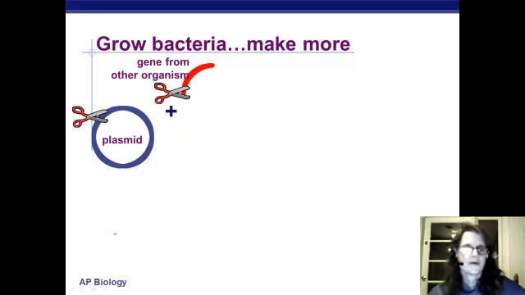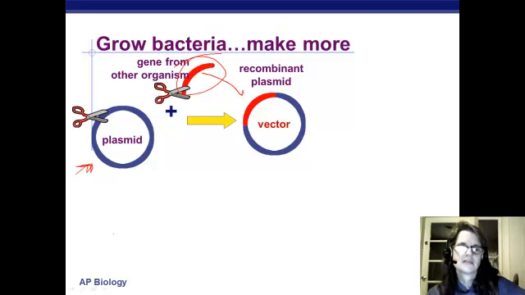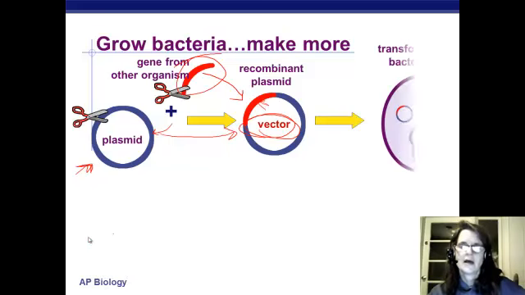I think this is just an overview of what we just talked about. So here is your bacterial plasmid. Remember, these are always our vectors. We use our restriction enzymes to cut it open. We cut the gene from the other organism, perhaps human insulin, perhaps glow-in-the-dark from a jellyfish. We stick this gene with sticky ends into our plasmid here, and so what we end up with now is a vector that's got the new gene in it, a recombinant plasmid, a new combination.